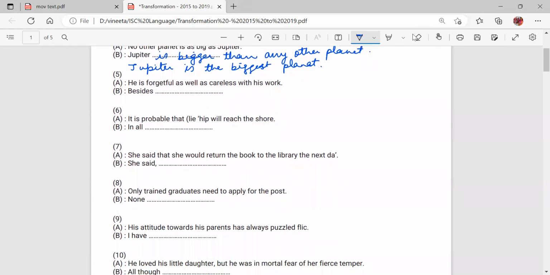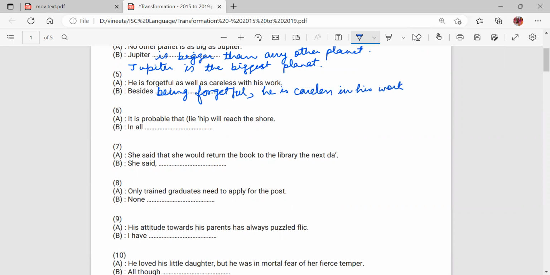Now, look at the next one. He is forgetful as well as careless with his work. Now, please understand, this is again a very common transformation which is used, and that is with besides. Besides being forgetful, he is careless in his work.